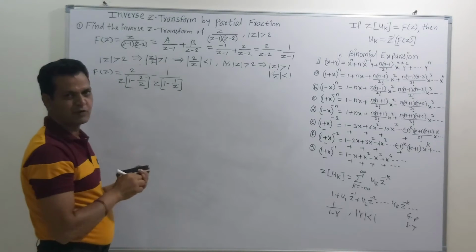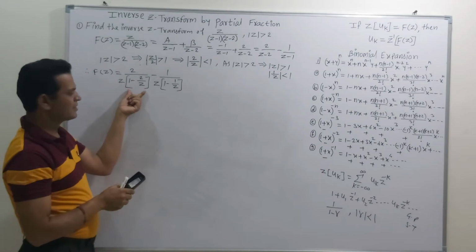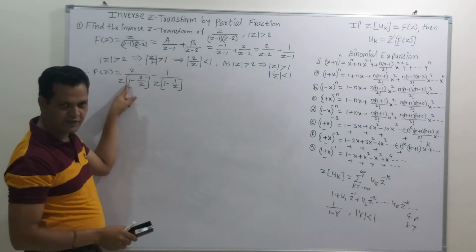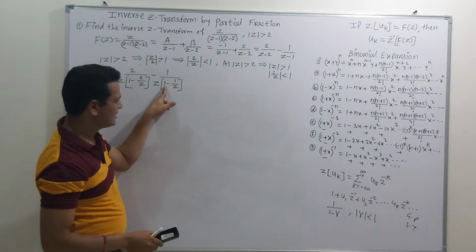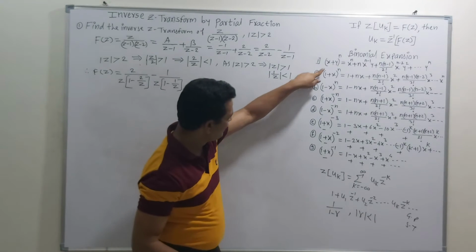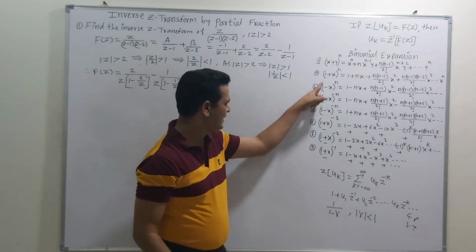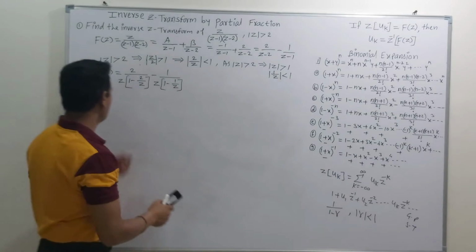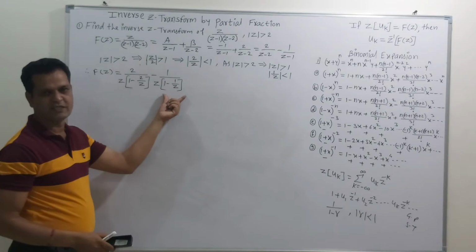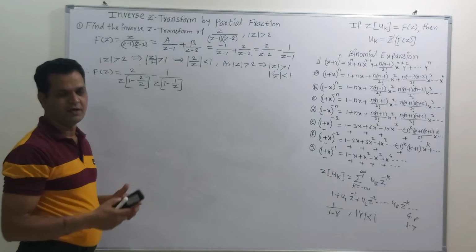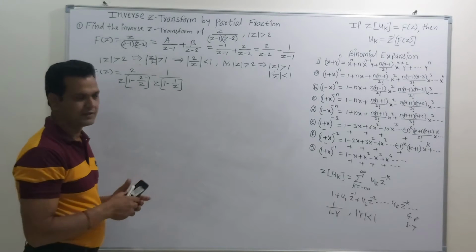Now friends, please try to understand that this is the first term where 1 is the first value, and for this second term, this 1 is also the first value. Everywhere for this standard function, 1 is the first value. That's why this equation is in our standard form, and there is no need to reverse the term.